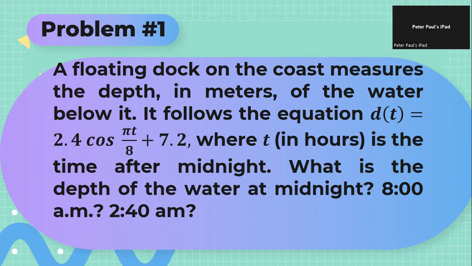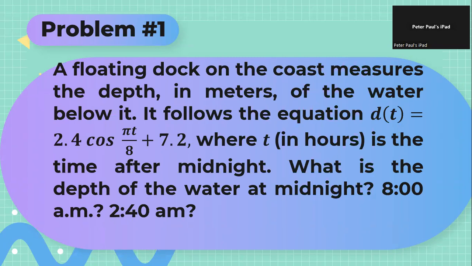For example, a floating dock on the coast measures the depth in meters of the water below it. It follows the equation d of t is 2.4 cosine pi t over 8 plus 7.2, for t in hours, the time after midnight. What is the depth of water at midnight, 8 o'clock a.m., and at 2:40 a.m.?